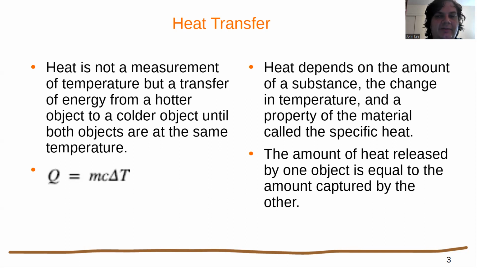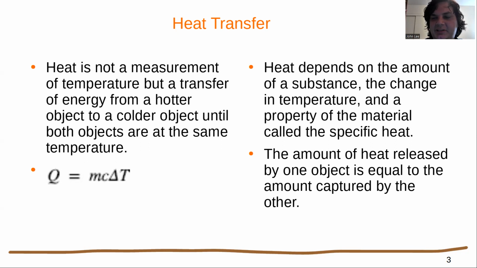So the amount of heat that's transferred from one substance to another depends on the amount of the substance, the change in temperature, and a property of the material called the specific heat. So if something has twice as much of a temperature change, then it's going to release twice as much heat.